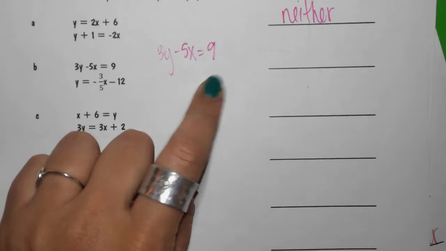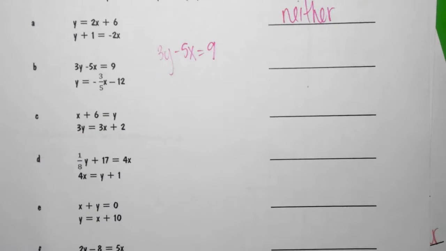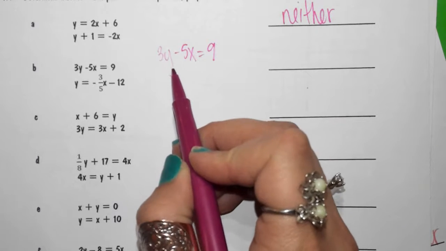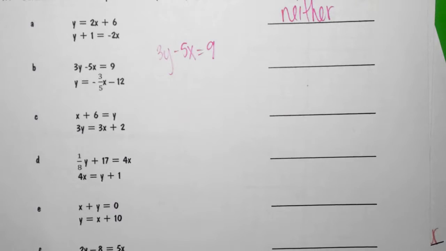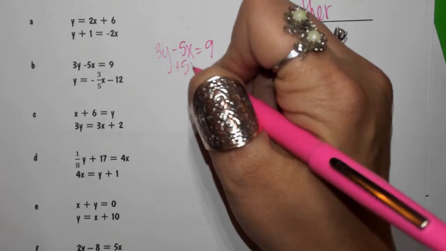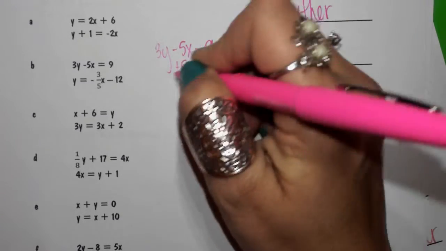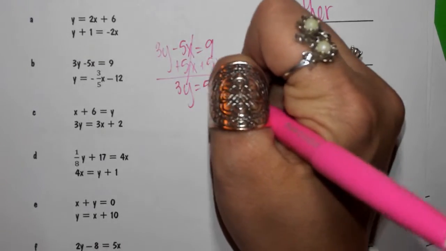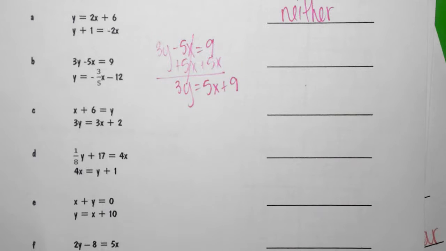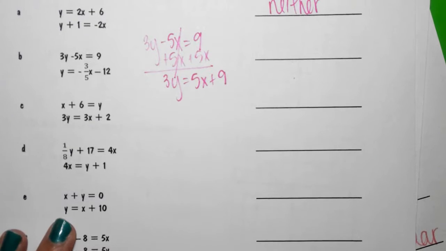Okay. Now, I know. Let's focus. We're almost there, guys. Now, we need to get y by itself. How would we move this negative 5x? Okay, now is y by itself yet?